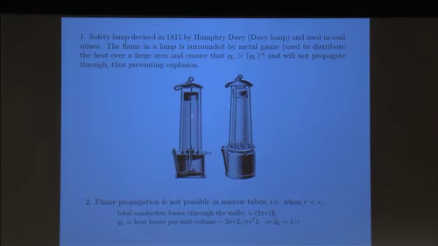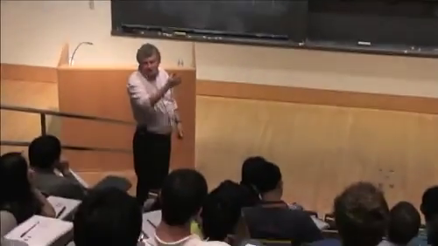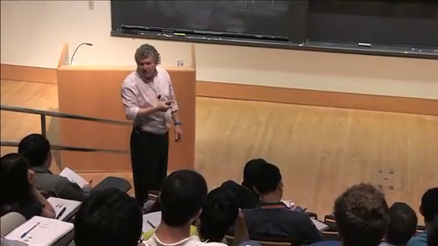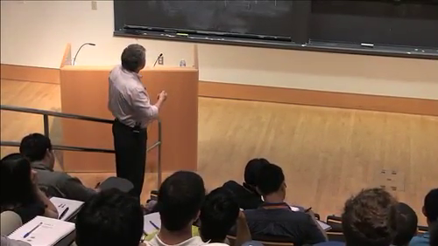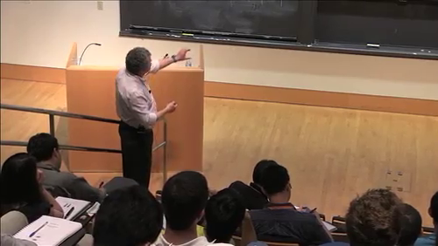Without that, of course, the flame could have propagated and caused an explosion in the mine. The extent of the metal gauze should be such as to cause QL to be larger than the extinction value. Another example is flame propagation in narrow tubes.